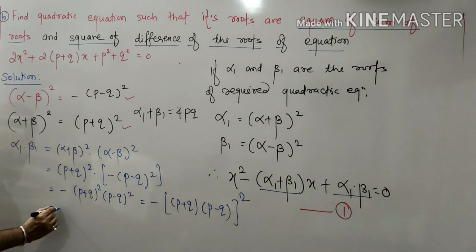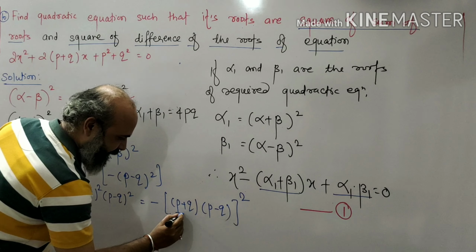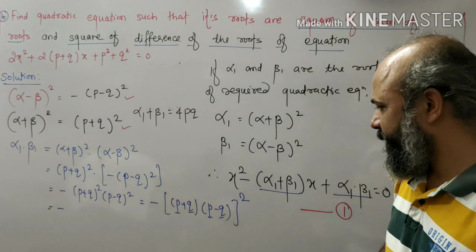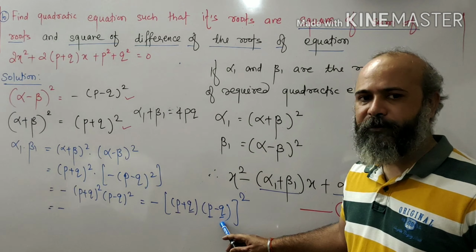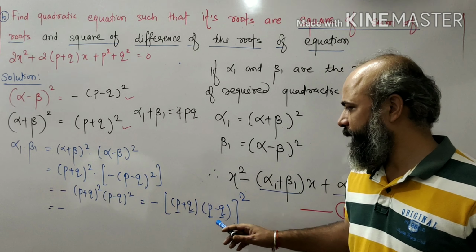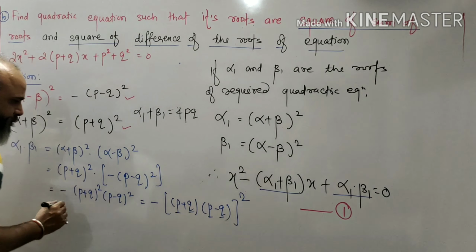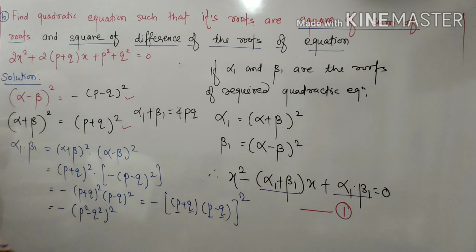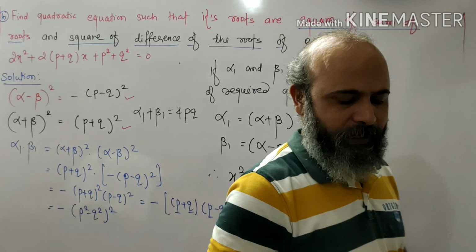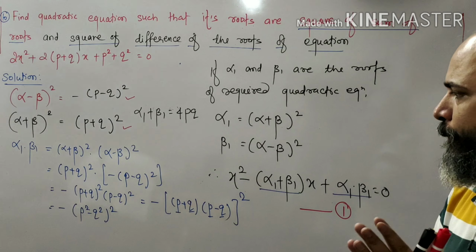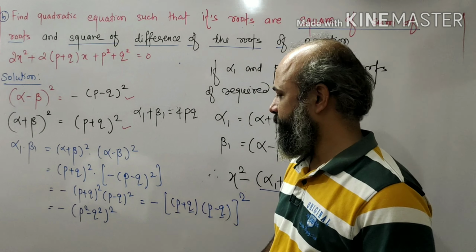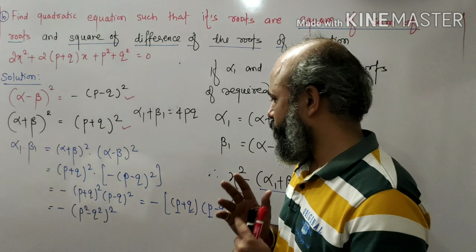So you will get minus, this is A, this is B, this is A and this is B. So again you will use A plus B and A minus B. So here it is P plus Q and P minus Q. You will get P square minus Q square the whole square. This is the value of alpha 1 into beta 1. So alpha 1 into beta 1 is minus in bracket P square minus Q square the whole square.